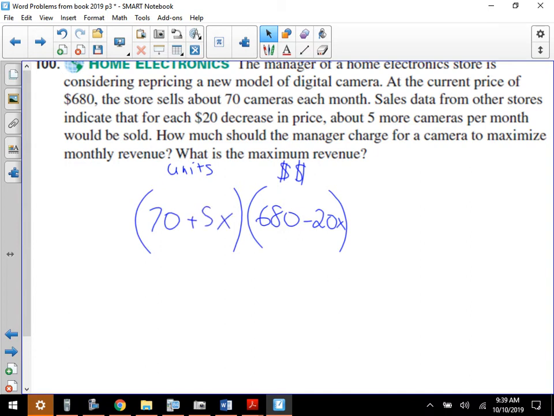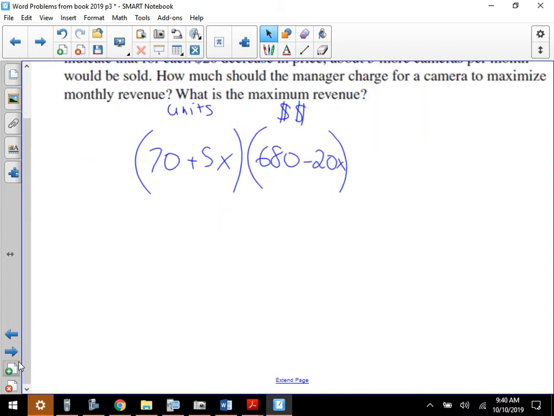Now from here, it's very fast intercept. We know the zeros are really easy to get. We have zeros, one's positive, one's negative. On that one, it's negative 14. And over here, you get positive 34.